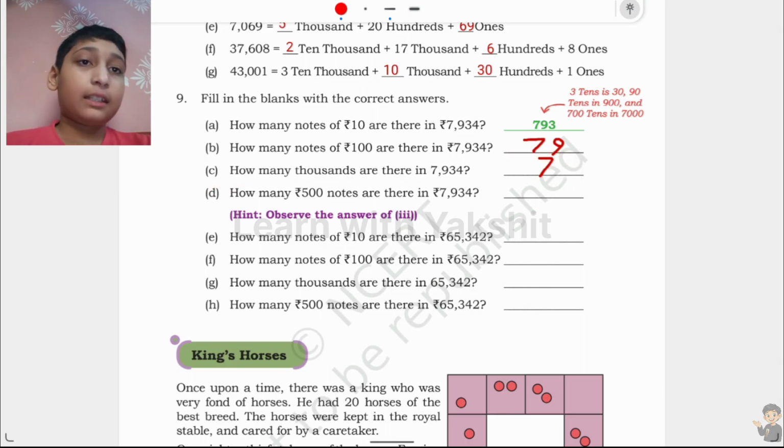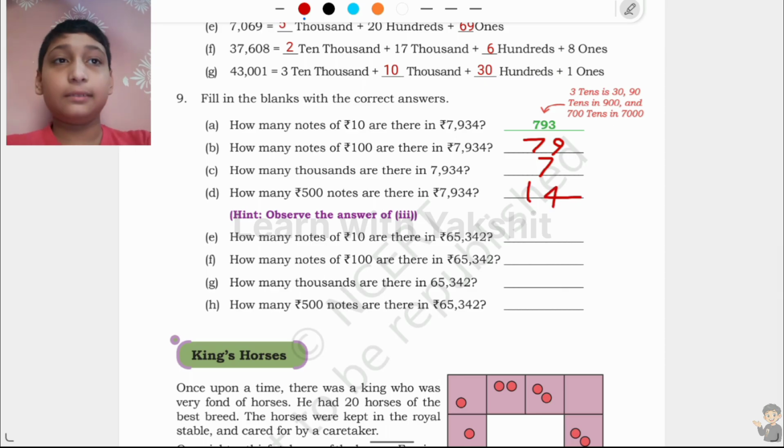As we see, the 500 is like half of the thousands. That means why can't we just multiply by 2? That's much simpler. Meaning that's 14. Simple, simple.